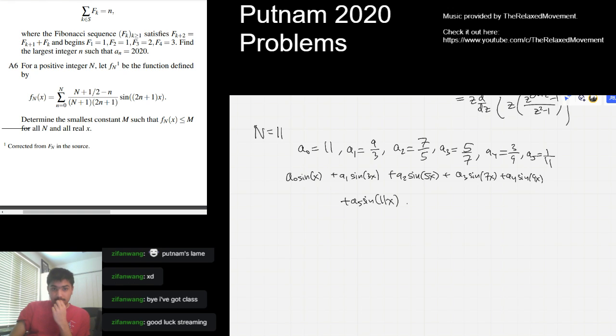Somehow you want to minimize this expression. Or maximize, my bad. In particular, I want to show that this is less than or equal to f11 of pi over 2.